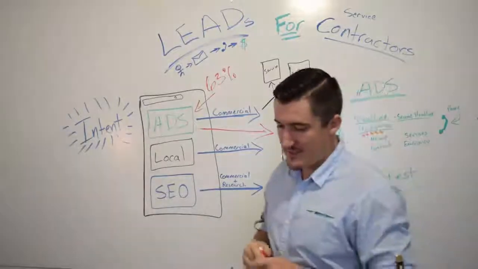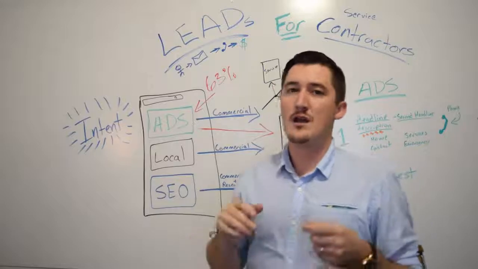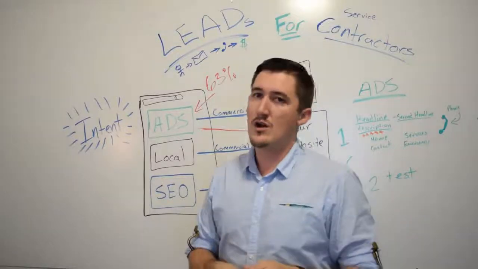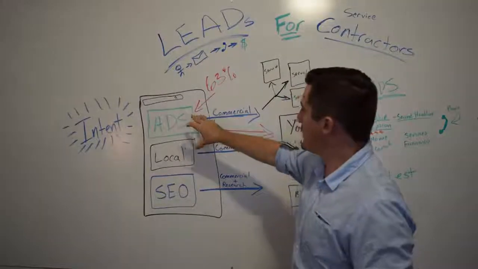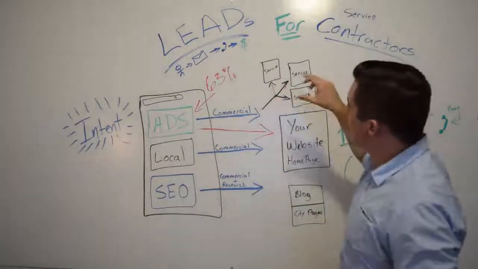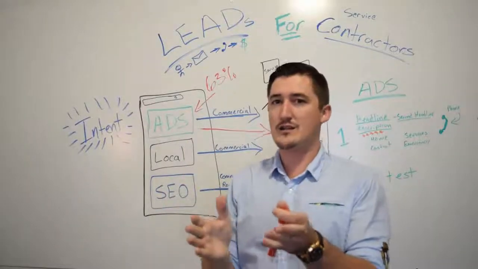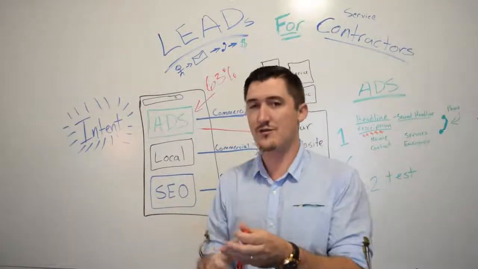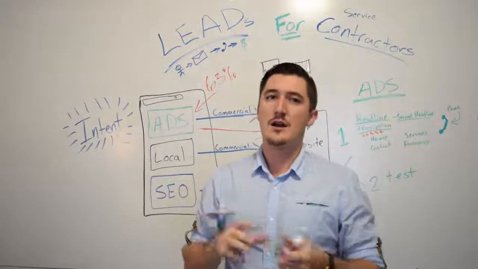If you're going to spend money to get someone on your website and you know what they're looking for, send your ads to a specific page that is directly related to what they searched for, and then don't give them a bunch of escape points.